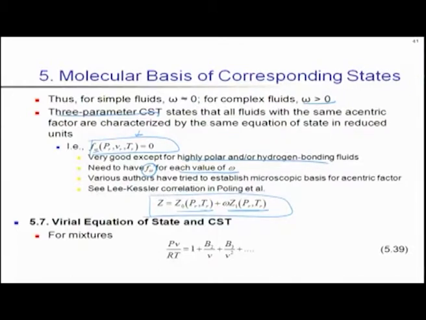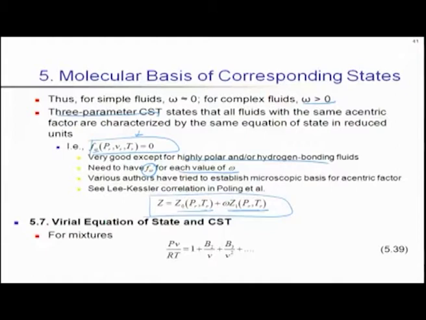Okay. So, let us try to understand this, how to deal with this. I will come back to this part. Let me just first describe this virial equation of state for the mixtures.